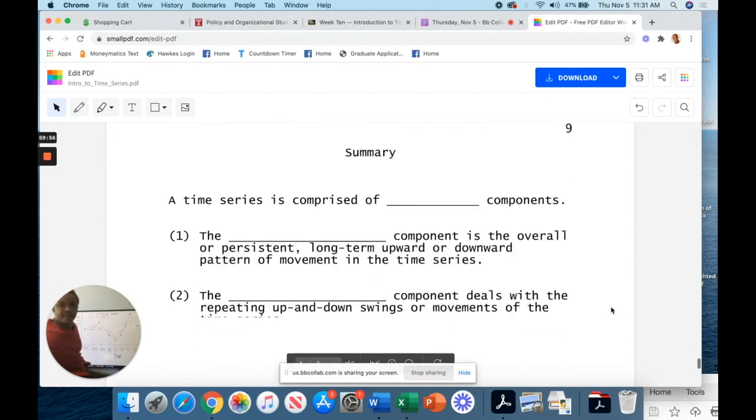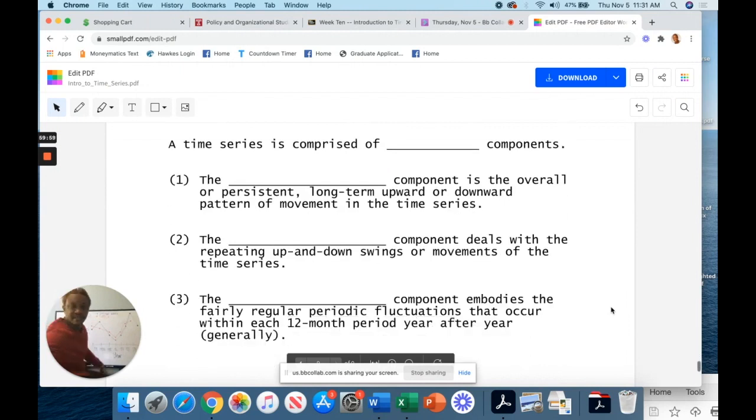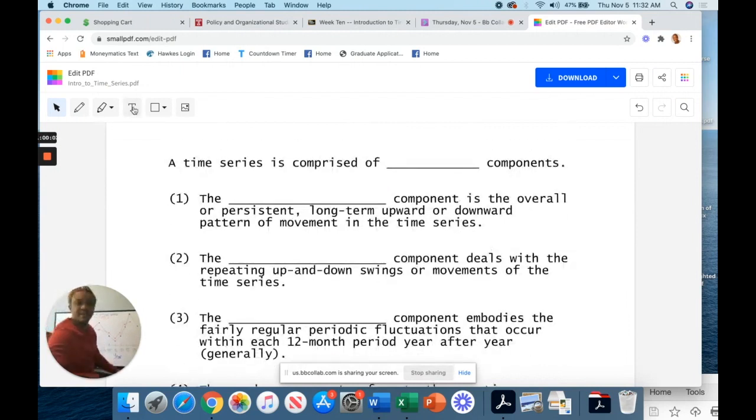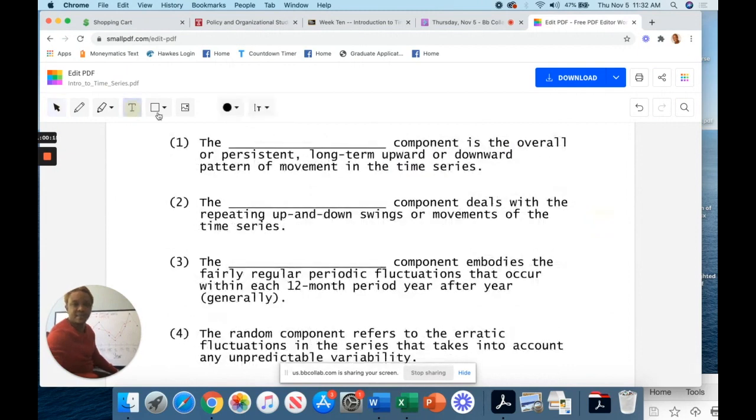Okay, let's summarize this. A time series is comprised of how many components? How many did we say? Is it 3? So this is a summary slide. We'll say the trend is overall persistent. So this is trend.